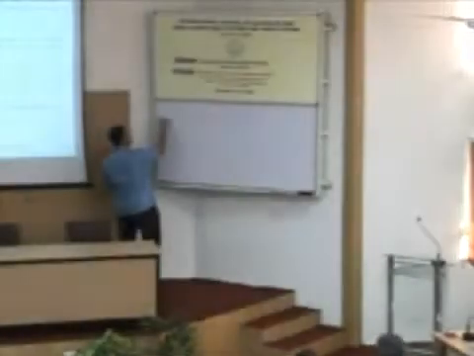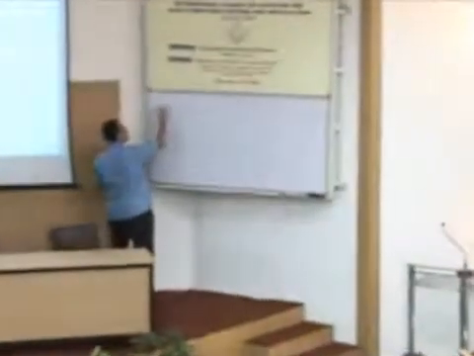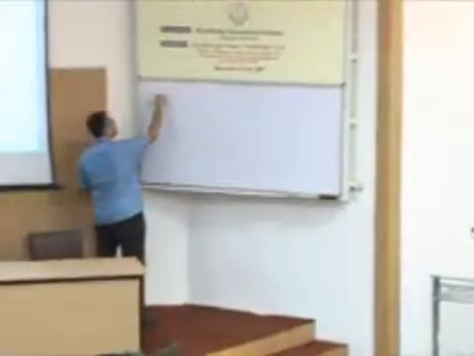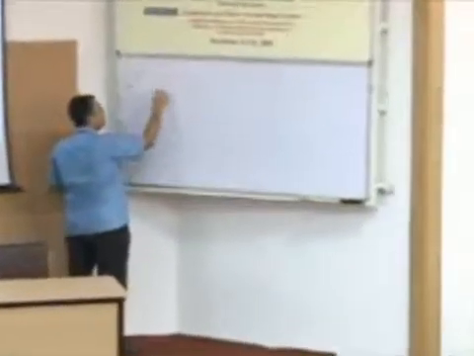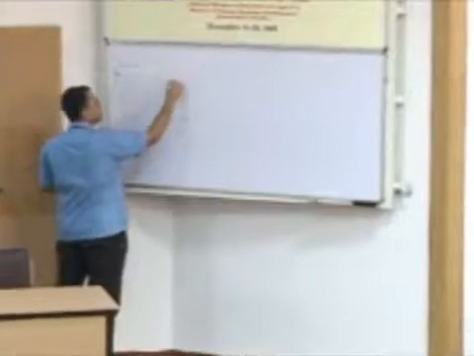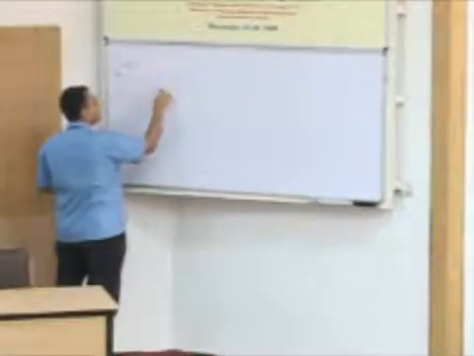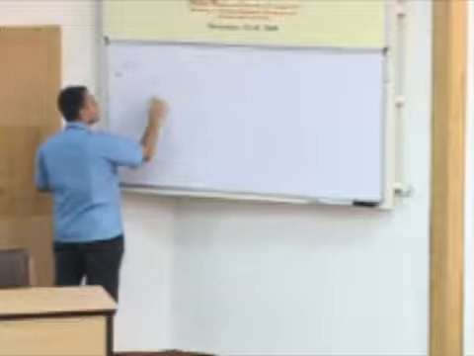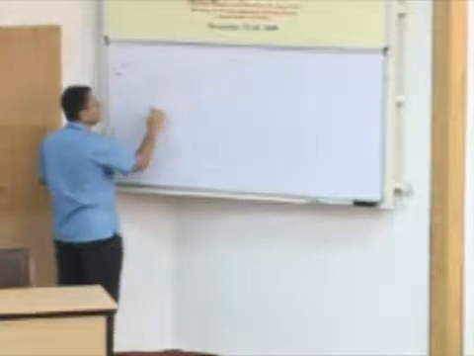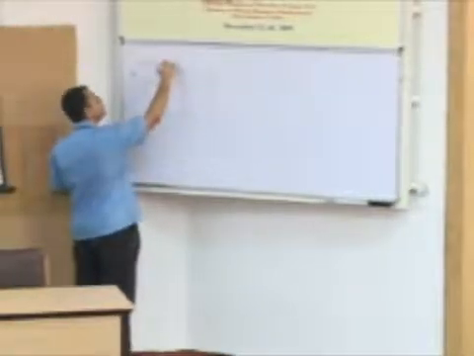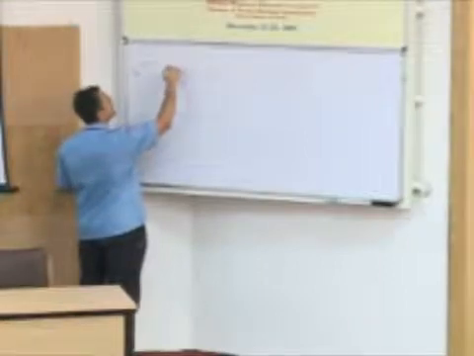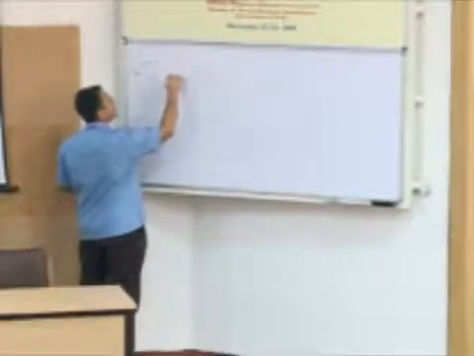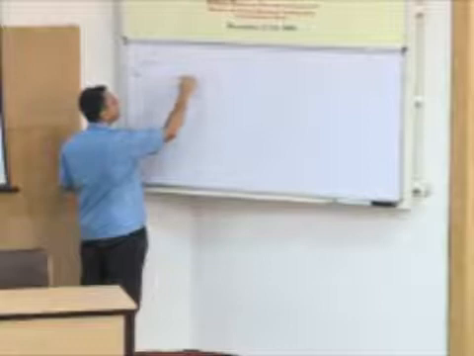If this indicates rho sub AB, and let's say this is an mn by mn matrix, then you can divide this matrix into blocks, each of which is an n by n matrix.